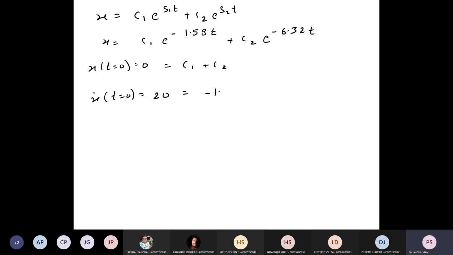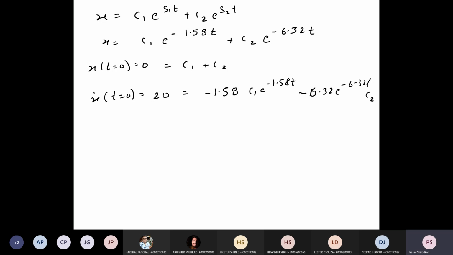So x dot is minus 1.58 C1 e raised to minus 1.58 t minus 6.32 C2 e raised to minus 6.32 t.